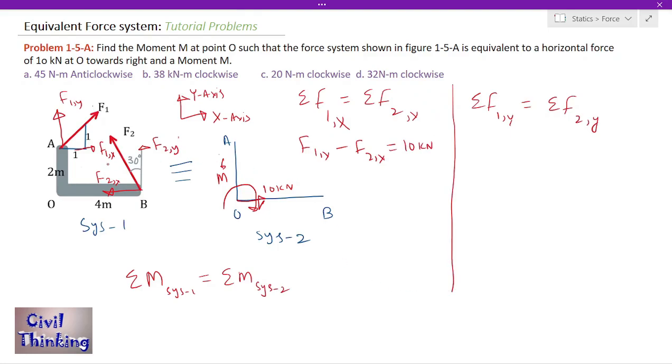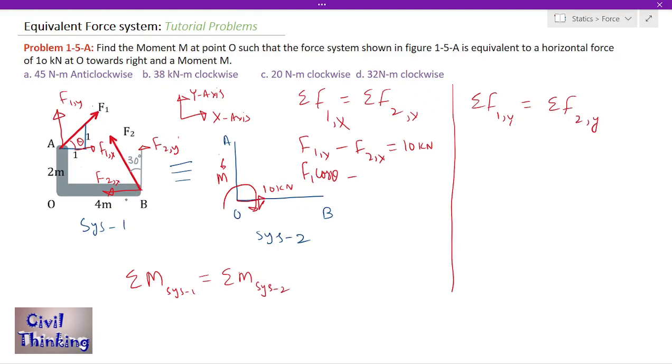Now what is F1x? F1x is F1 cos theta, let us say this is theta, and F1y is F1 sin theta. Now F1x is F1 cos theta, minus F2x.